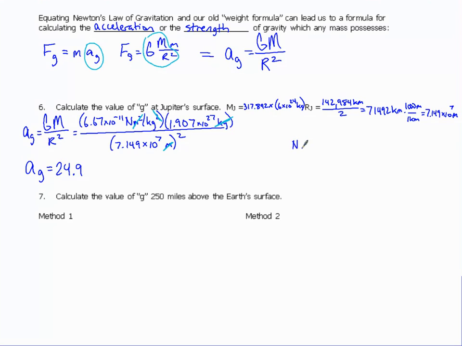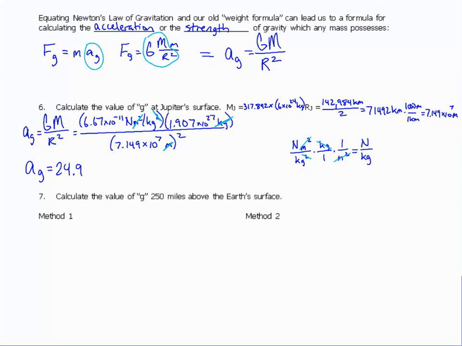Here's what we had: newton meter squared per kilogram squared, times kilograms, times 1 over meter squared. So the meter squared cancels, and the kilograms cancel. So we have newtons per kilogram.